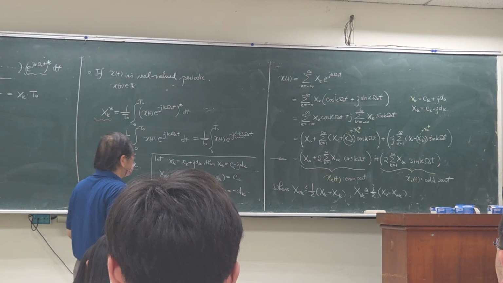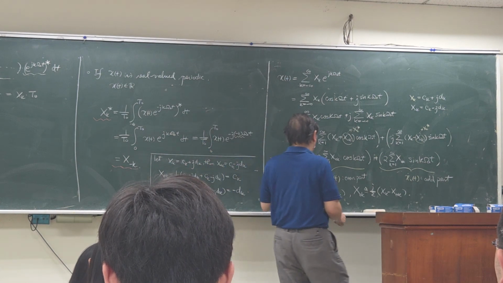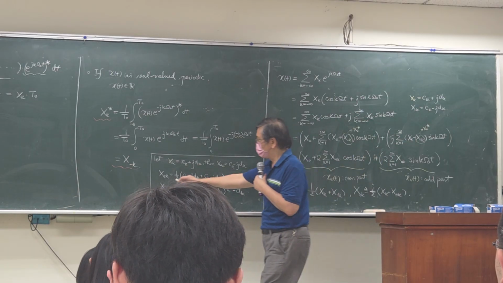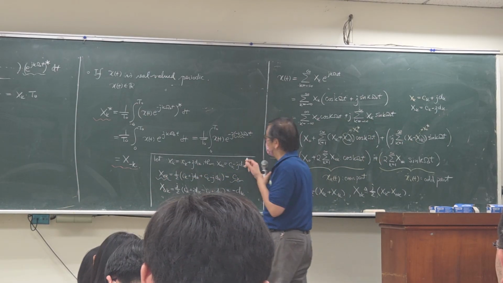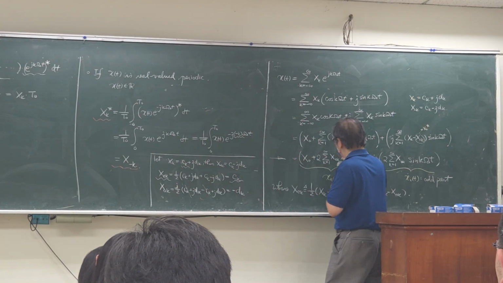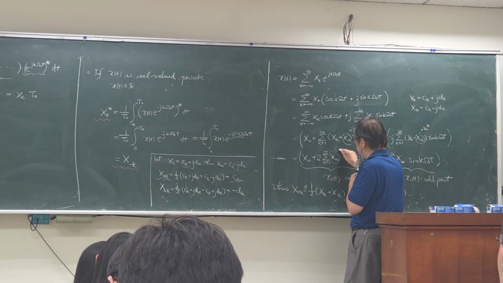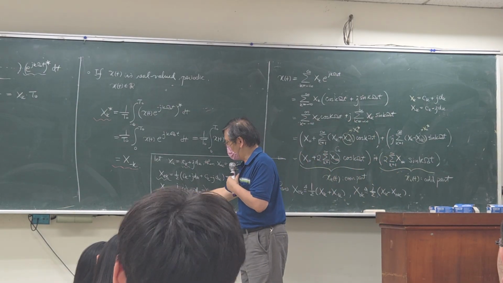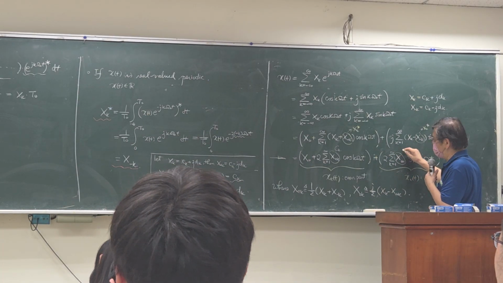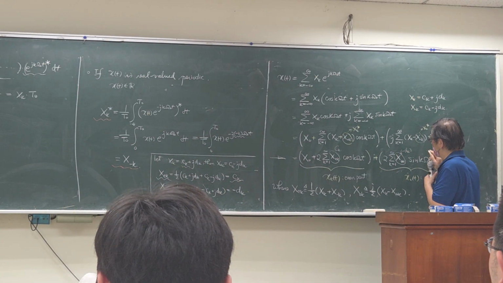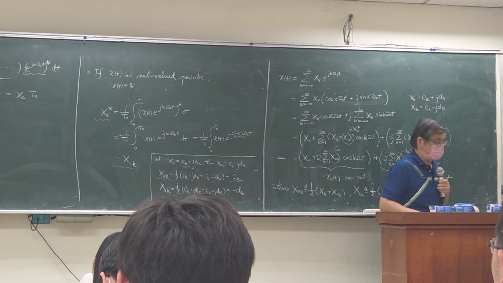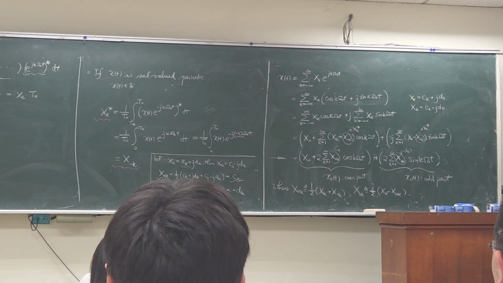So this can be replaced by the real part of x of k, that is ck, and the odd part can be replaced by negative dk. Any questions? All right, let's take a 10-minute break.